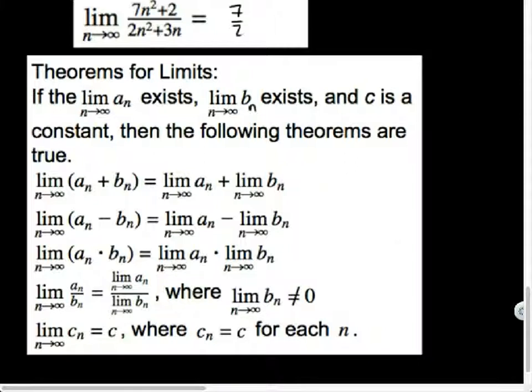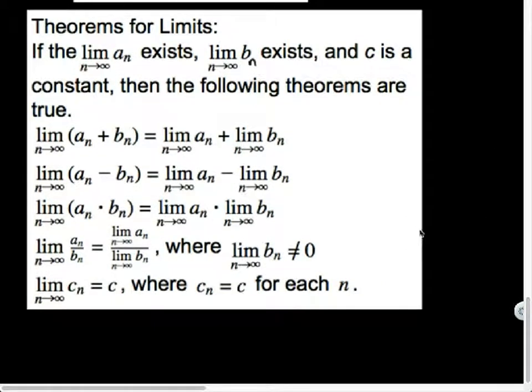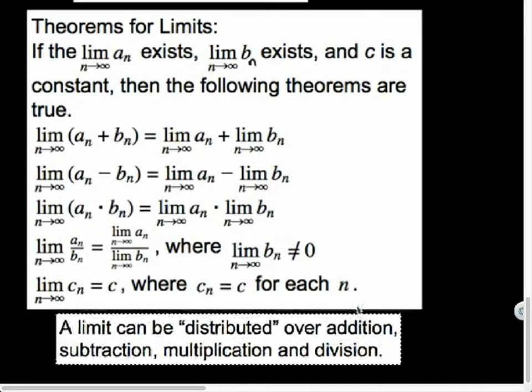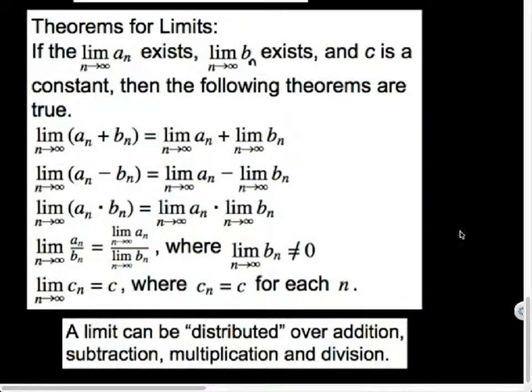So here's my fake-ish math slang explanation that maybe you could write down that summarizes this entire set of theorems. And I think you guys might agree with that. If I think of this like I can just distribute the limit over those things.